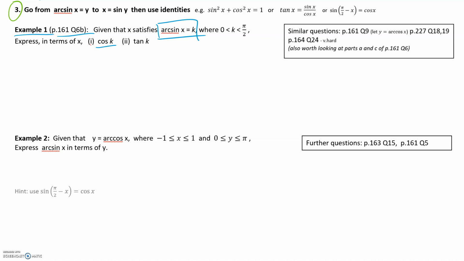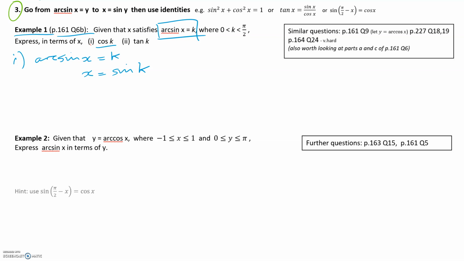So if we start by writing down arcsine x equals k, then what you generally have to do with these questions is take sine of both sides. If you take sine of both sides, sine and arcsine cancel, so you'll be left with x on the left hand side and sine of k on the right hand side.